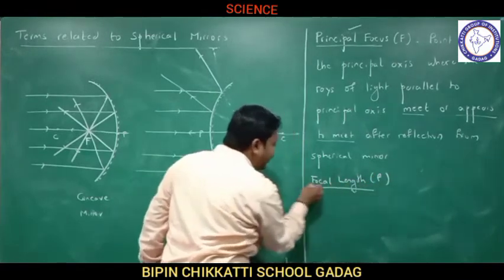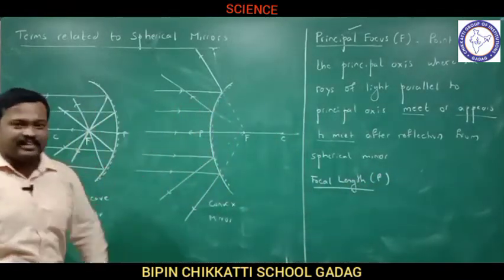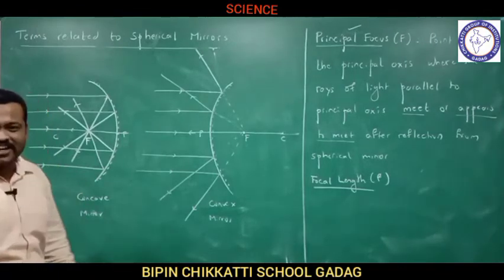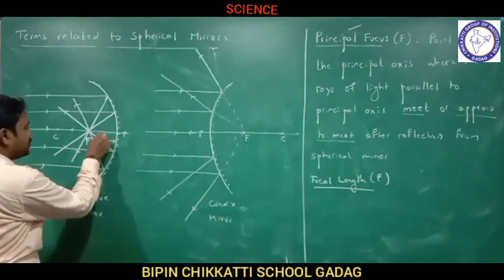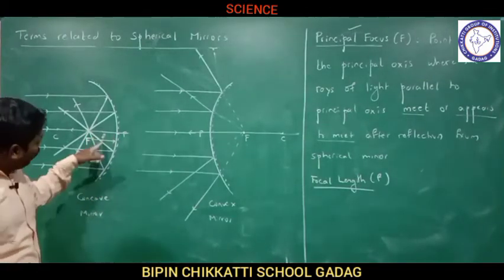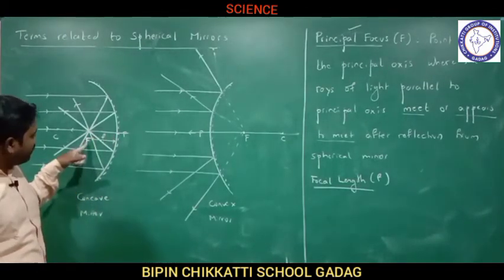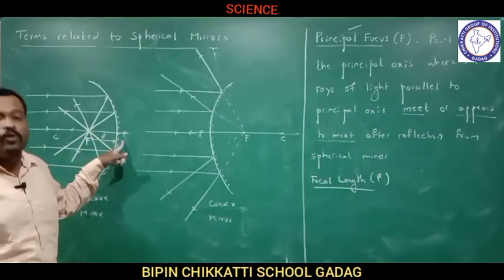Okay, now there is another terminology called focal length. Let me call it a small letter f. Focal length, again simple. Length again is a distance, right? What is focal length? This distance is called the focal length. Focal length is the distance between principal focus and pole, right? Simple.